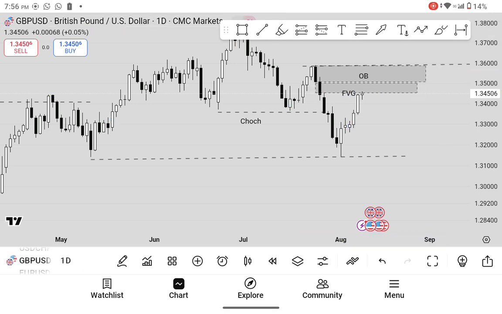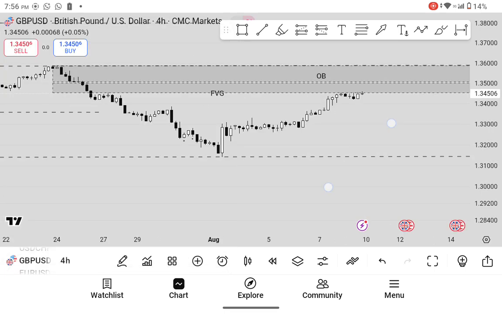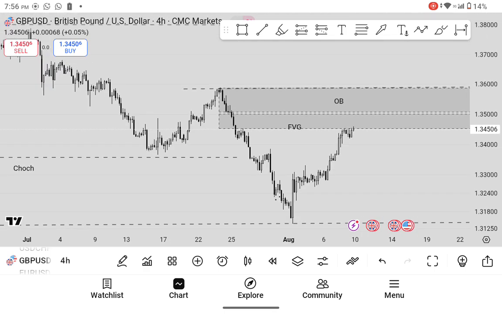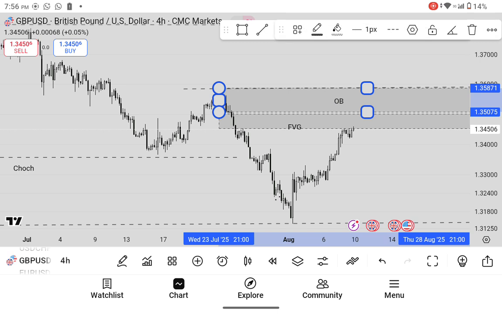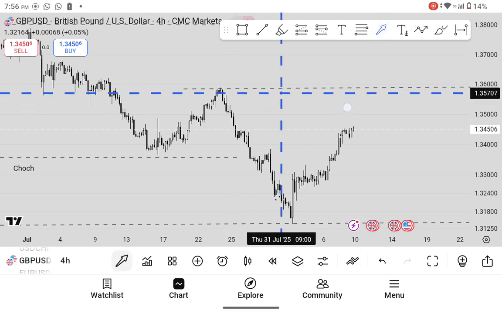So we go now to our 4 hours time frame to see what the market will do on the 4 hours. So looking at this market in our 4 hours time frame, now you agree with me on some confluences, because the higher time frame shows you the order block and the fair value gap. But when coming to the smaller time frame, now you have to start looking at how the candlesticks are printing.